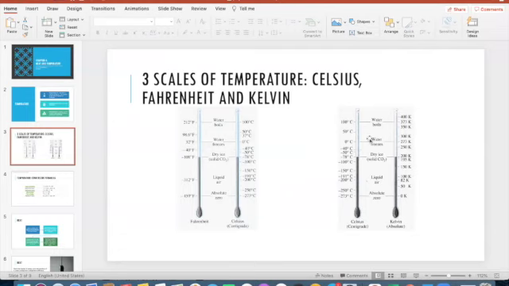For Celsius, water freezes at 0 degrees Celsius, but it freezes at 273 Kelvin. These are just comparisons between some of the major temperature scales. But again, Kelvin is the SI unit for temperature. Don't forget SI unit means the International System of Units.